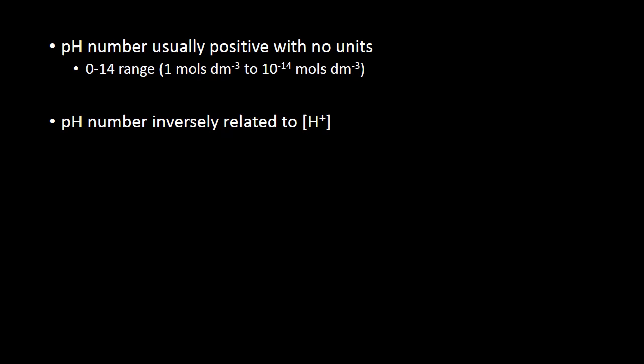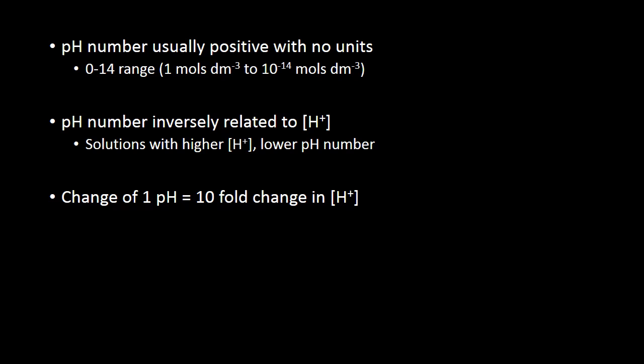The pH number is inversely related to your hydrogen ion concentration. Solutions with a higher hydrogen ion concentration are going to have a lower pH. So strong acids, low pH. Weak acids, high pH, or closer to the 14 end.